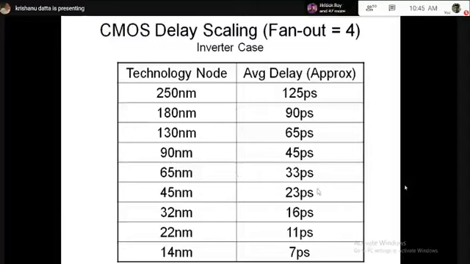There you will find the average delay is coming in the range of 23 picoseconds. In reality, depending on the particular foundry, there will be plus minus 10-15% difference, but this is pretty much a statistical average. The purpose of this type of table is to tell that when you start working on a new technology, let's say 180 nanometer, and you start getting delay in the range of 11 picosecond, you know something is grossly wrong, something is broken.